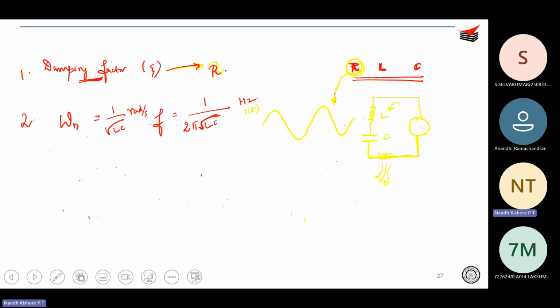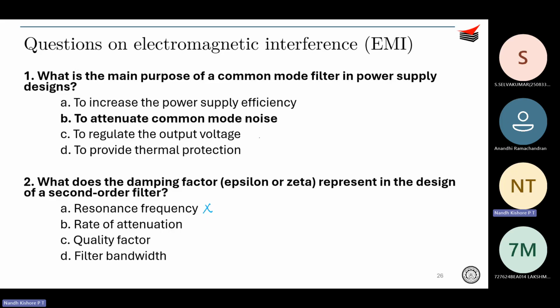So you are seeing that natural frequency is in no way related to resistance, or to the damping factor. Both of these are not related at all. So obviously the damping factor cannot be the resonance frequency or the filter bandwidth.